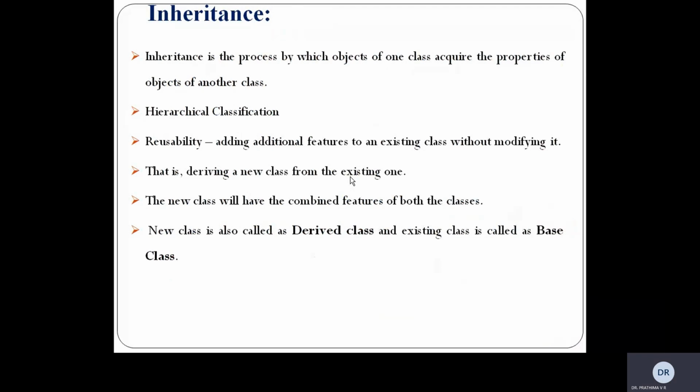Specifically speaking, the concept of inheritance provides the programmer with reusability. It means we are going to have an addition made to an already existing system, to an already existing class, without modifying the contents. That's what we call inheritance.